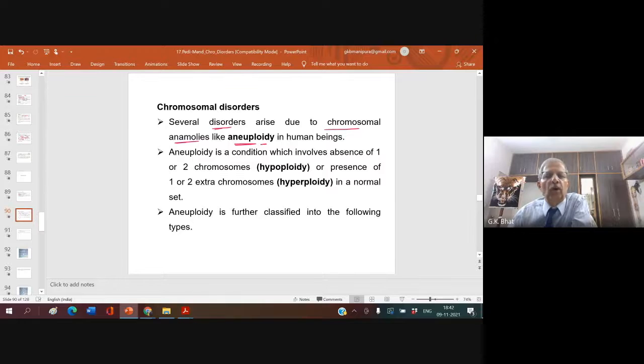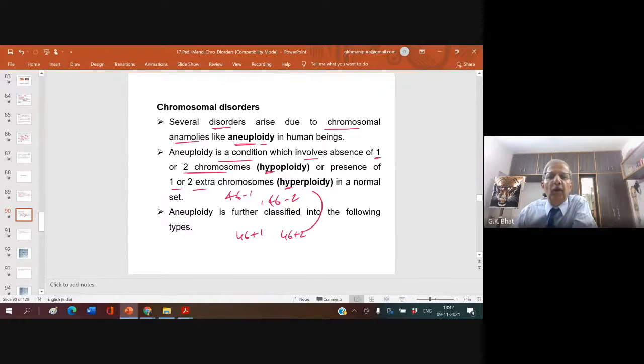Always ask a question for 1 mark. What is aneuploidy? Aneuploidy is a condition which involves absence of 1 or 2 chromosomes, hypo, less, or presence of 1 or 2 extra chromosomes, hyper. In a normal set, either it is 46 minus 1 or 46 minus 2 or 46 plus 1 or 46 plus 2.